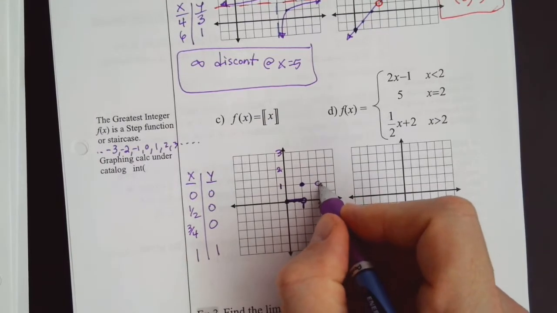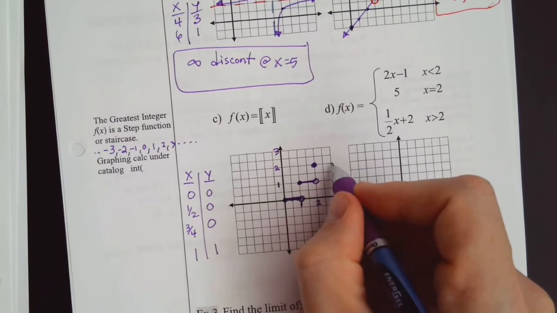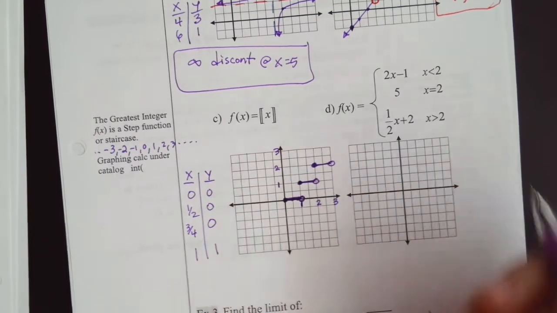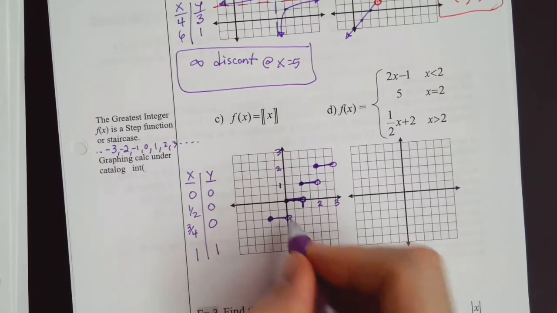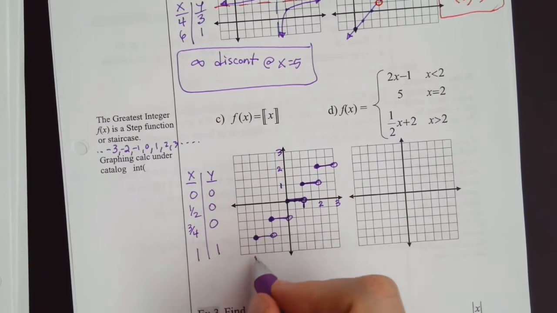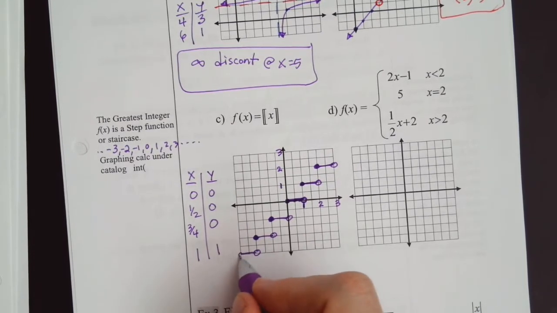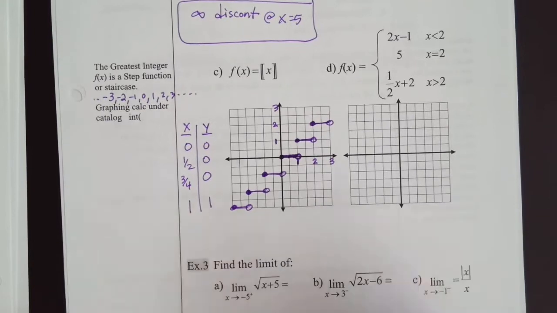So the same thing's going to happen. We're going to get this, and then this again. And then this side is going to come over here, and this side over here, and there we go. And now you can see why it's called the staircase function, the step function.